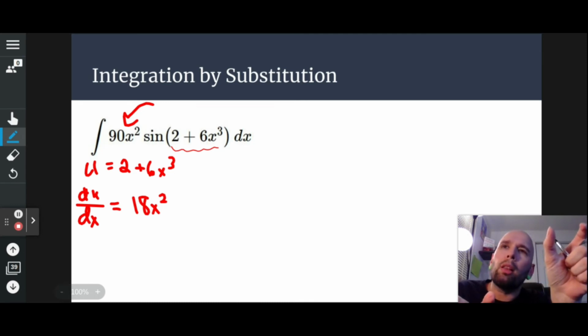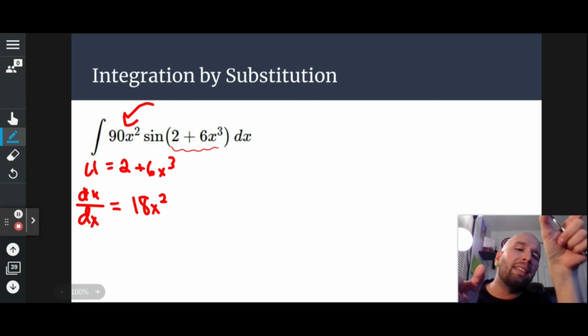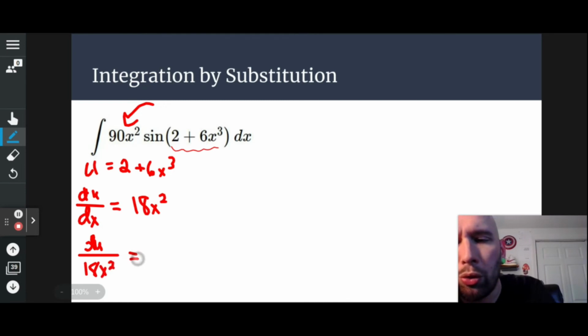I'm going to treat it like a proportion and do a flipperoo with the dx and the 18x squared. So I'm going to have du over 18x squared equals dx.